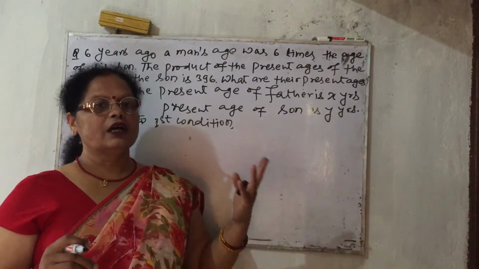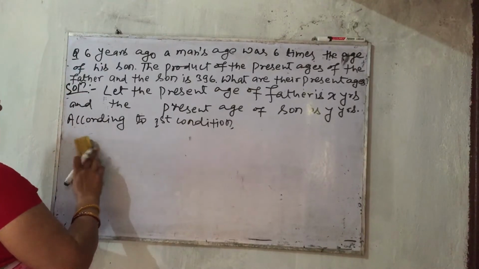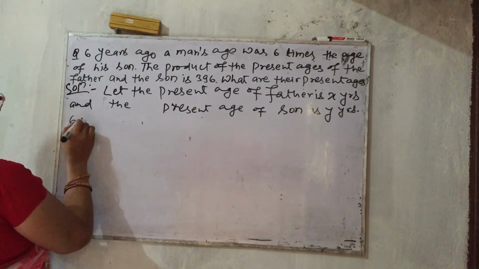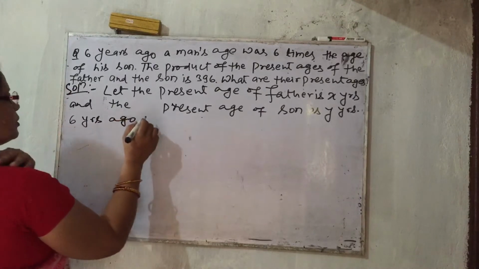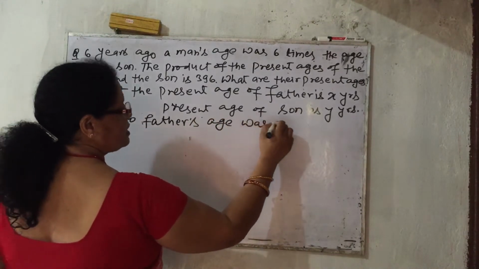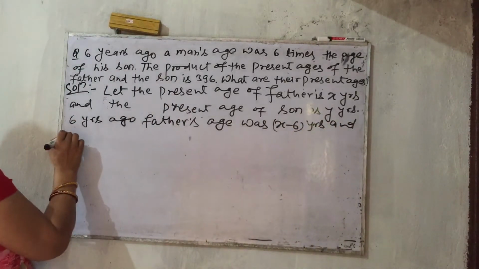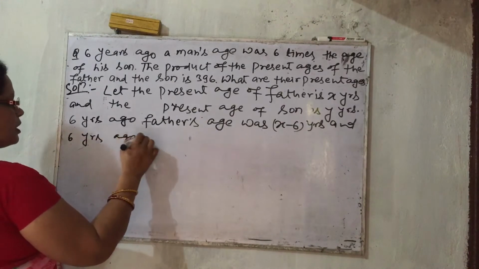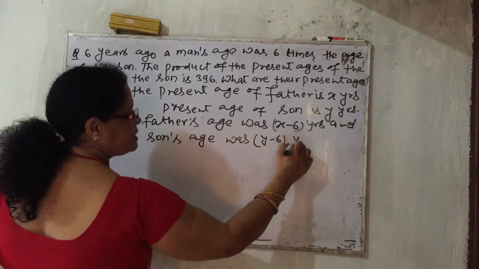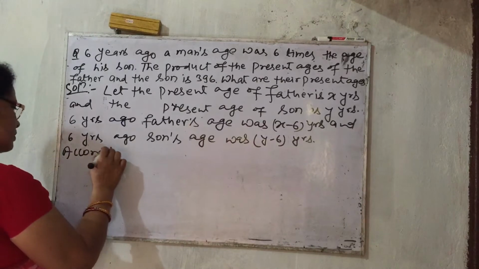Then 6 years ago, the father's age was how much? 6 years ago the father's age was x minus 6 years, and 6 years ago the son's age was y minus 6 years.